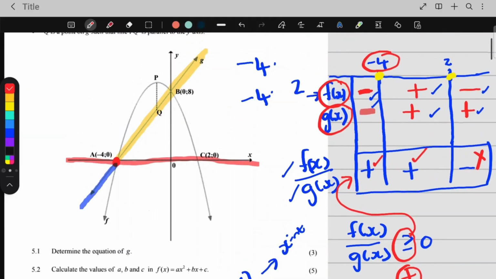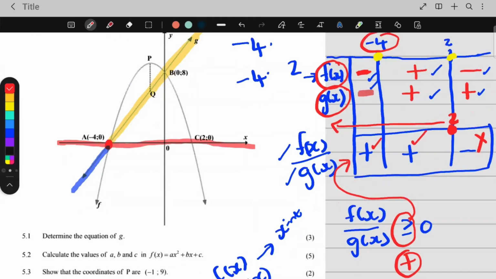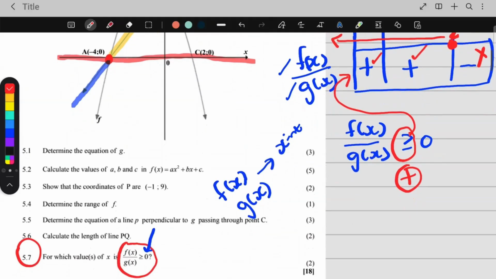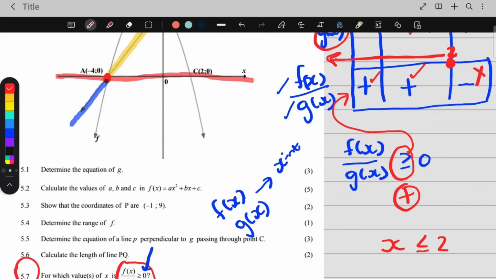Because my pluses are over here, this line is the number 2, so that side of 2 is positives. So my final answer is, it is where x is less than or equal to 2. Like on a number line, if this is 2, then we would say that side of 2.